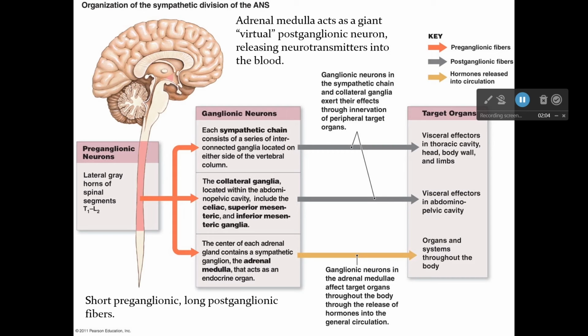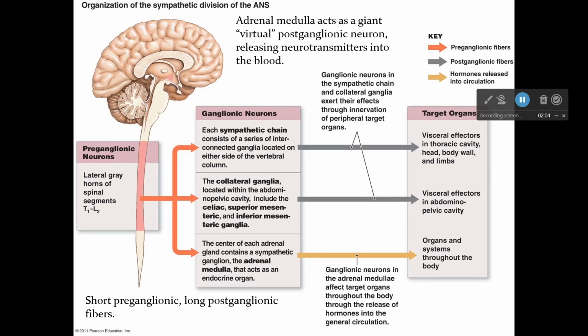Well, the adrenal medulla is stimulated by the preganglionic neuron to release epinephrine and norepinephrine into the circulation. Now, you're going to see that epinephrine and norepinephrine are also the neurotransmitters of the rest of the sympathetic system. So what I'm trying to point out here is the adrenal medulla acts like a sympathetic ganglia for the whole body.